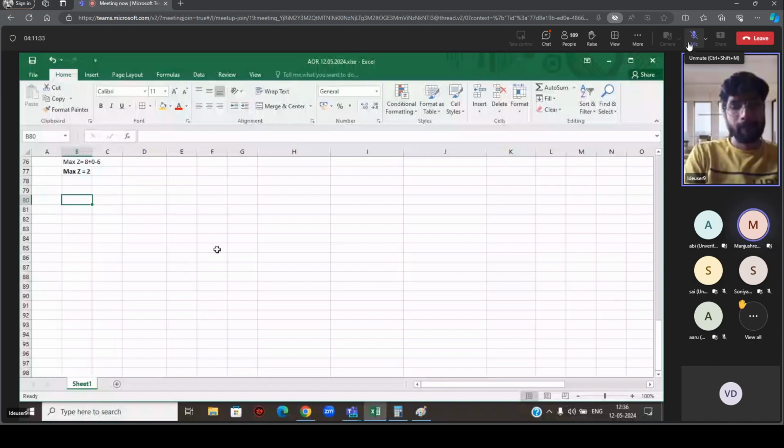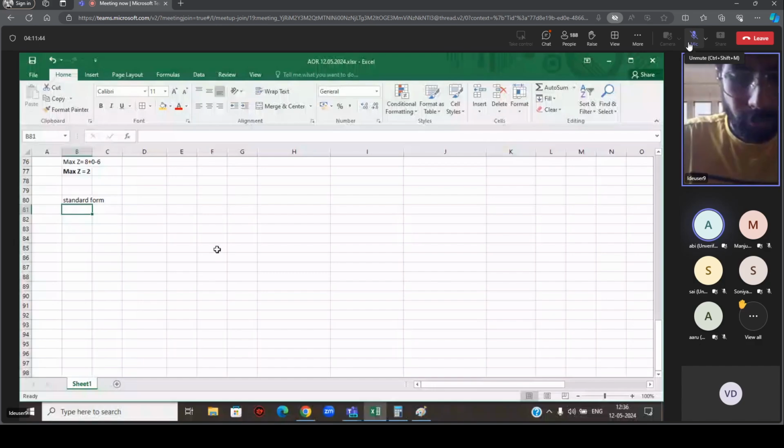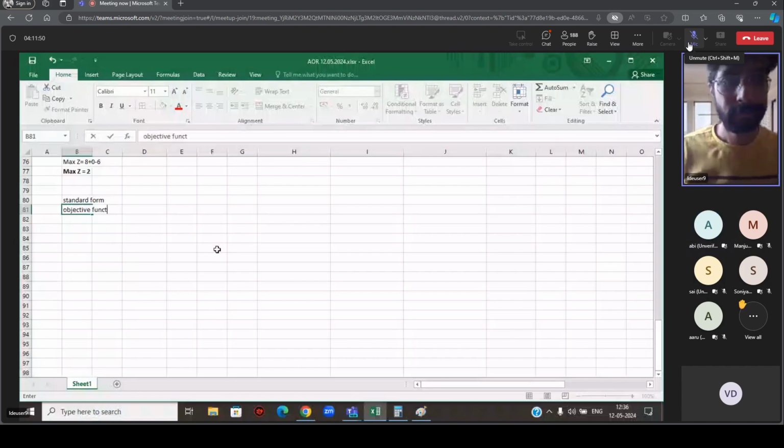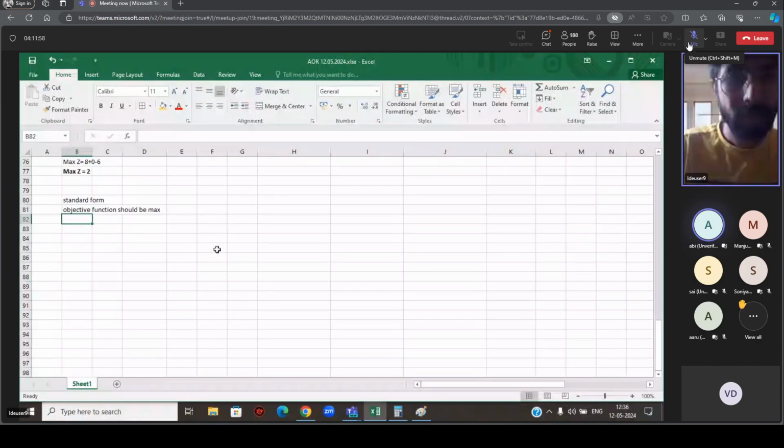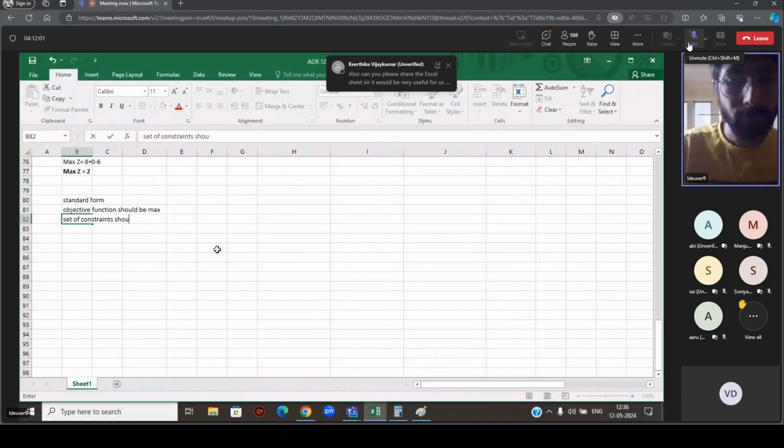Standard form. Okay. So here, objective function should be maximize. Okay. Set of constraints should be less than or equal to.